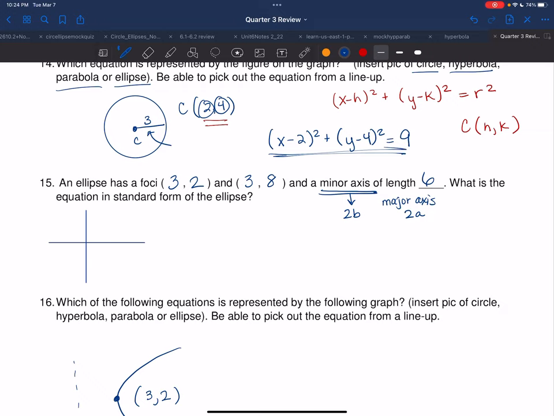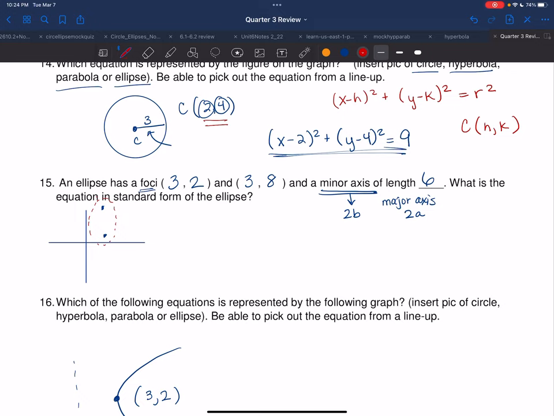The way we're going to do that is to go ahead and plot our foci, because our foci go in the same direction as our vertices, which is the fat part of our ellipse. So if I have (3, 2), let's say that's right about here, and then (3, 8), that would be right around here. So if that's my foci, that means that my ellipse is going to be in this direction, so it's going to be vertical.